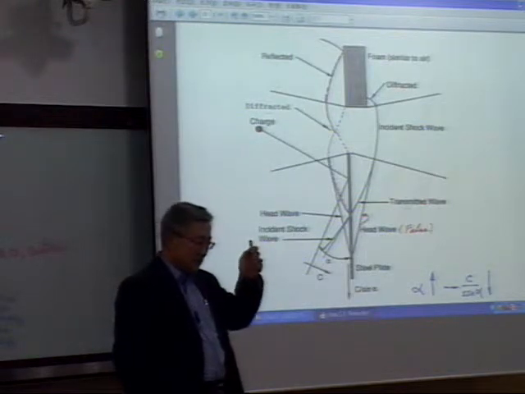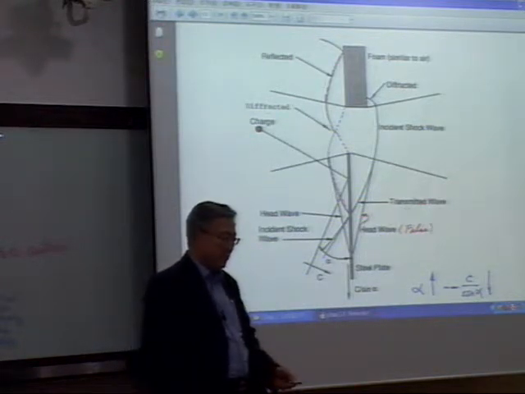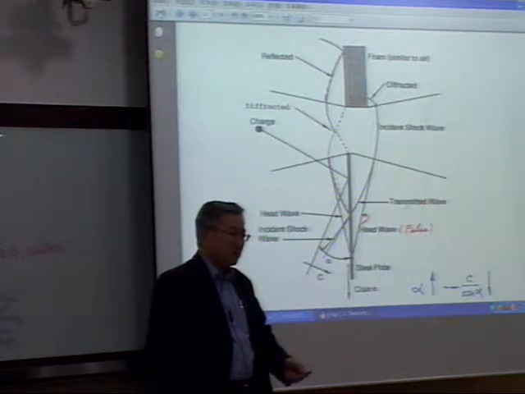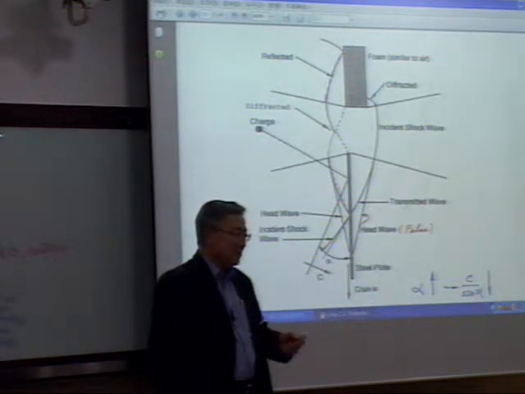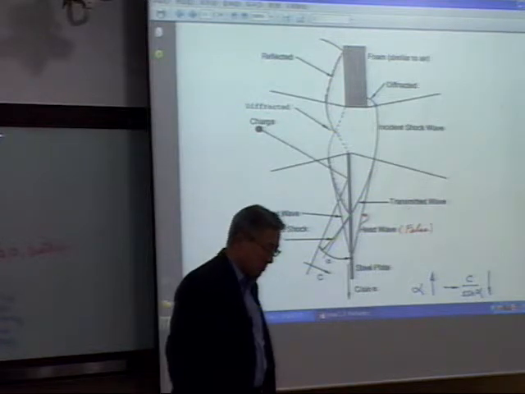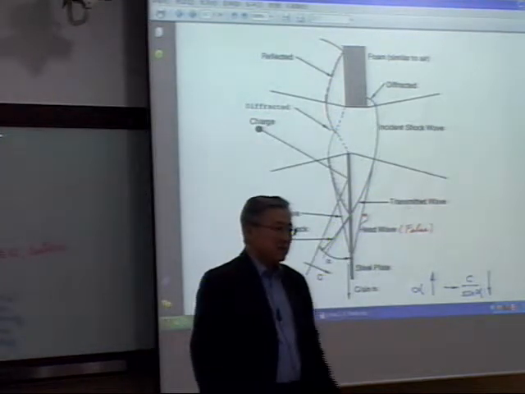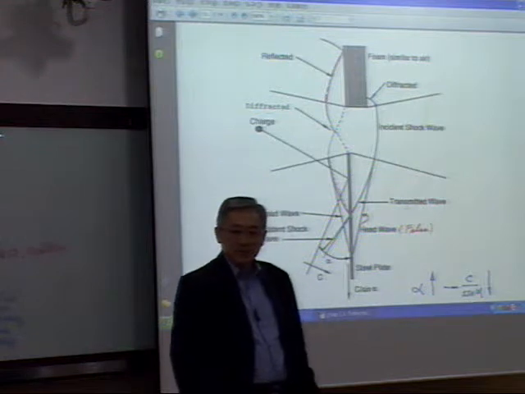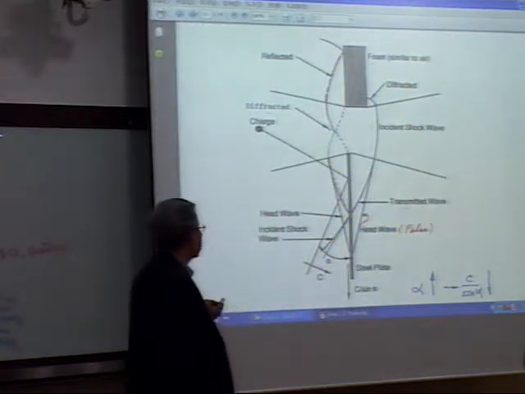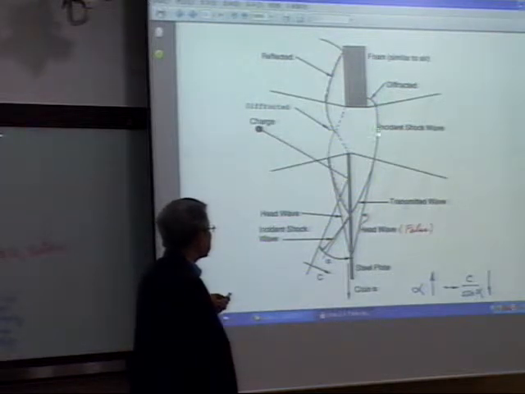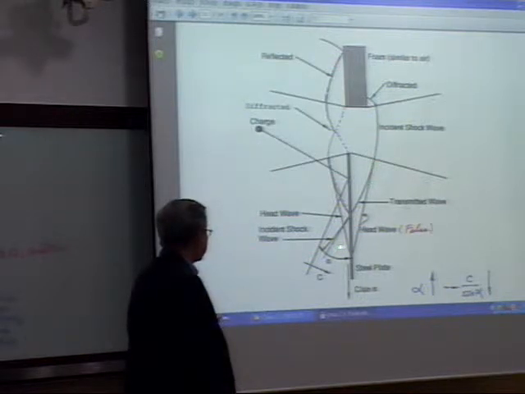So when you tap the plate, it generates a wave in the solid, in the plate. The wave speed goes something like 8,000 meters per second. Remember. So here, listen carefully. This is a part of the incident wave drawn here.